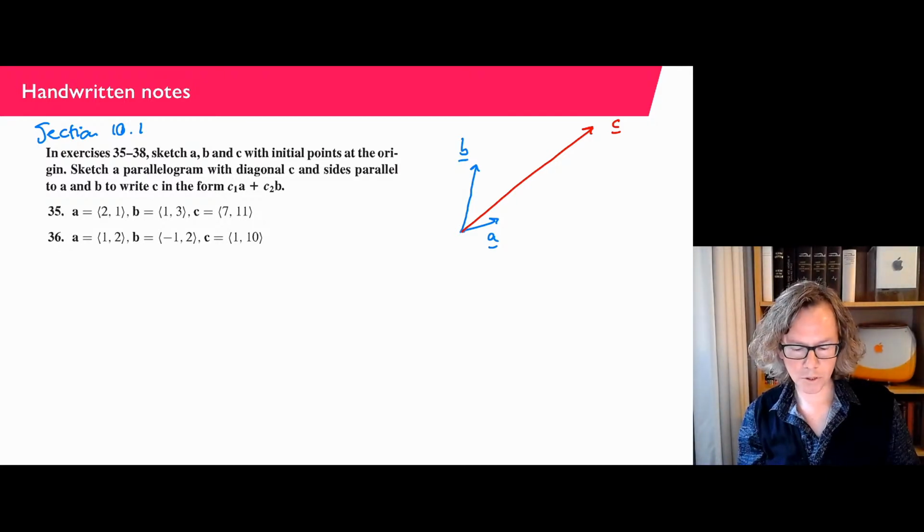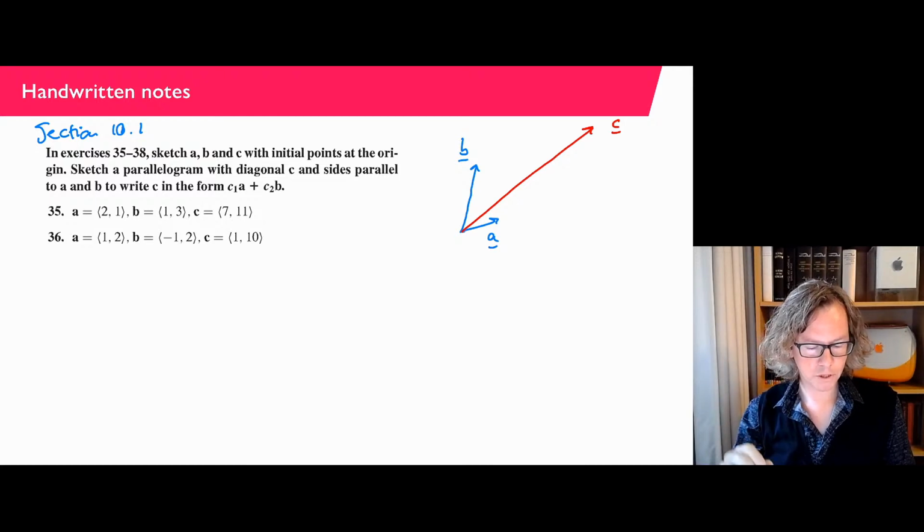Now what we want here, so let's do that in green today, is to construct a parallelogram.